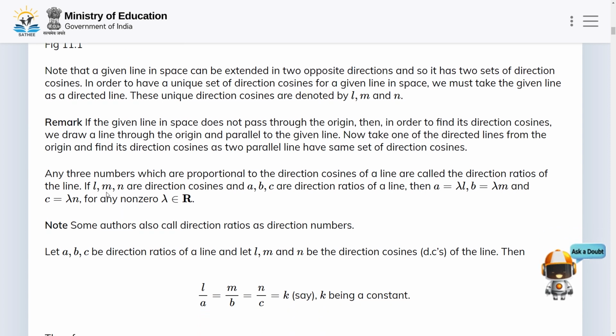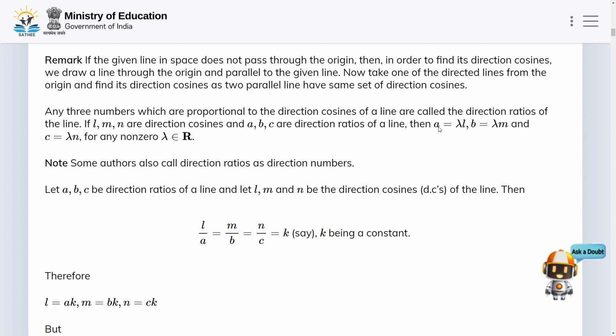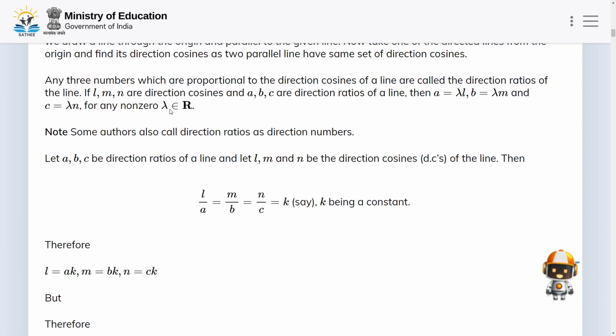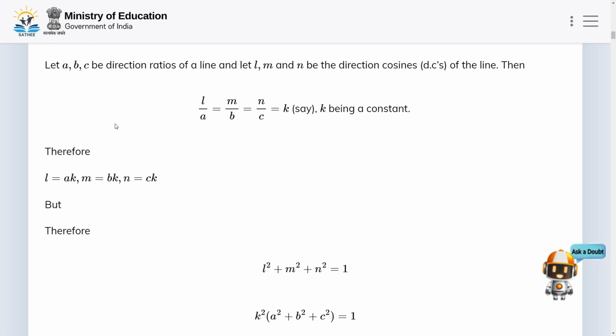If l, m, n are direction cosines and a, b, c are direction ratios of a line, this means a is lambda times l, b is lambda times m and c is lambda times n, where lambda is a non-zero scalar. Now, a, b, c are direction ratios of a line and l, m, n are direction cosines of the line. Then you have the condition that l by a is equal to m by b is equal to n by c is equal to some constant.